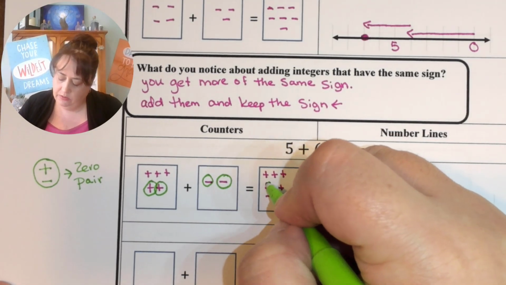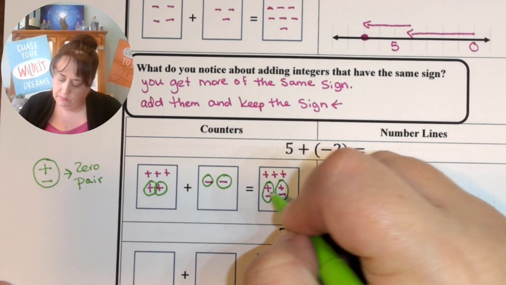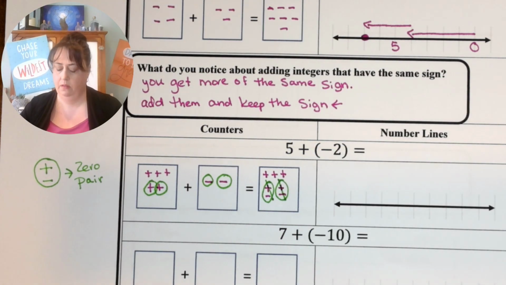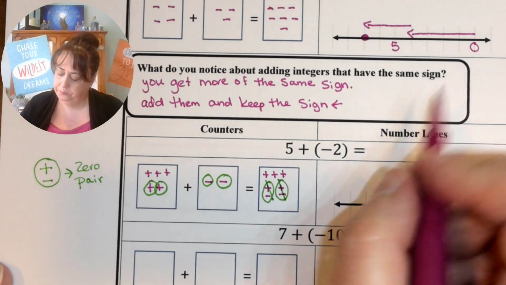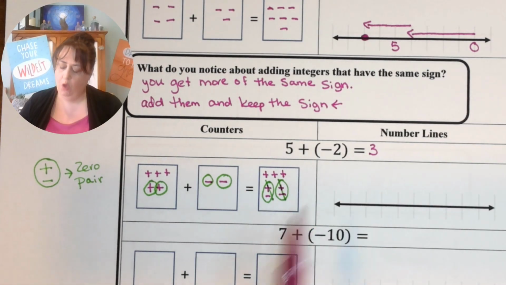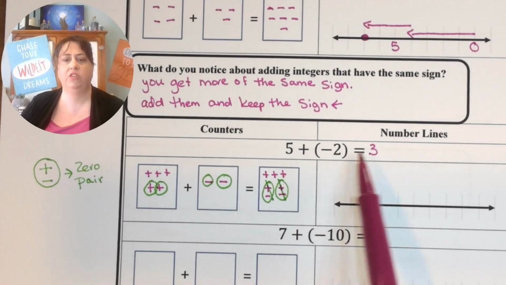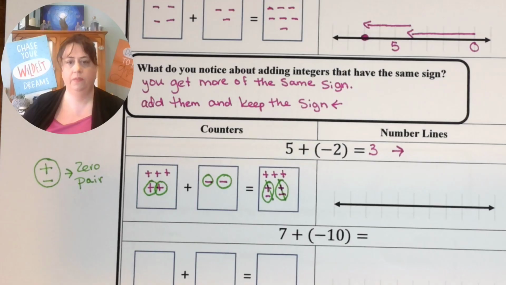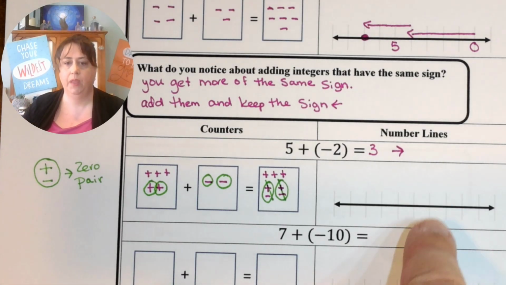And now I'm going to collect 0 pairs. So those go away and those go away. And I'm left with 3 positives. Well, what do you know when you have a 5 and a 2 that you get 3? We're going to come back to that, okay? We're not going to do it right now. We're going to come back to that.